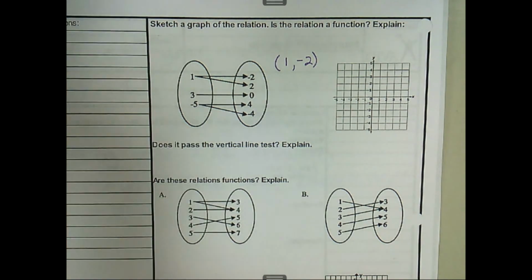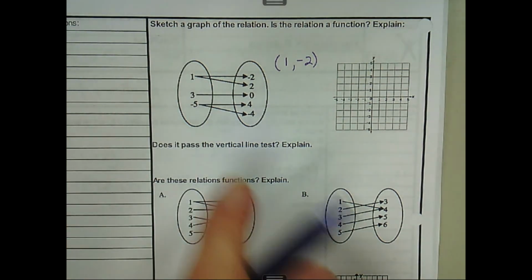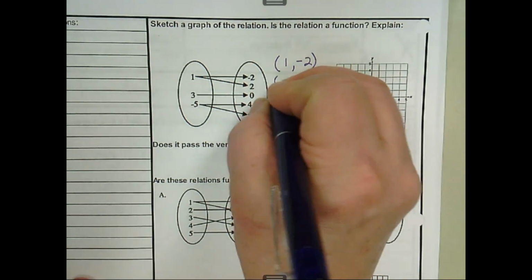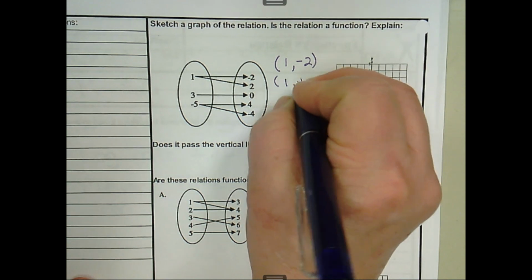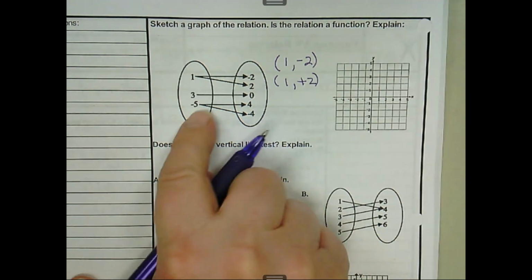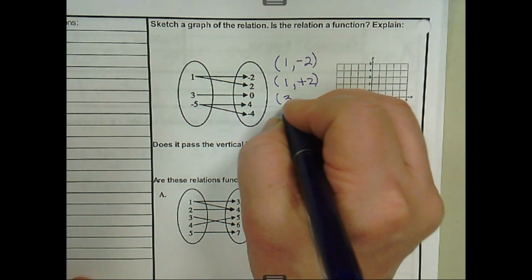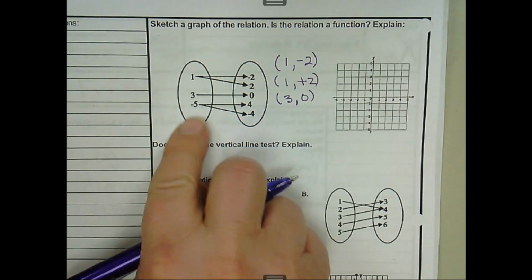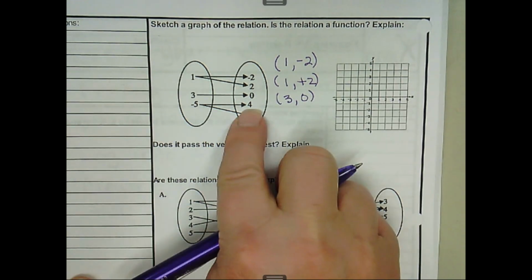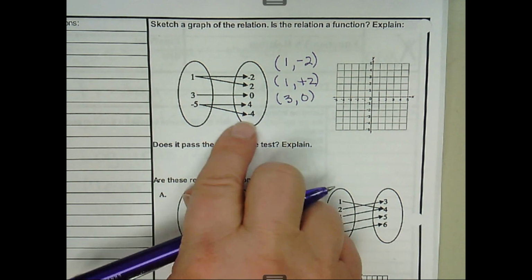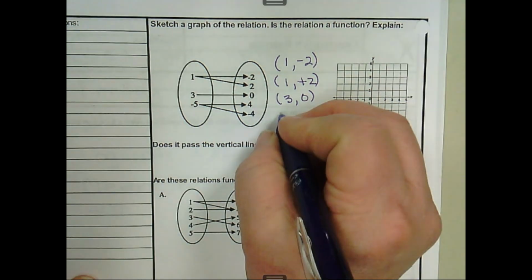We look at 1 again, and it is paired up with positive 2. 1, positive 2. 3 is paired up with 0 only. Negative 5 goes to positive 4, and negative 5 goes to negative 4.